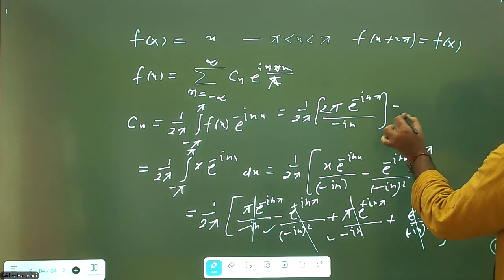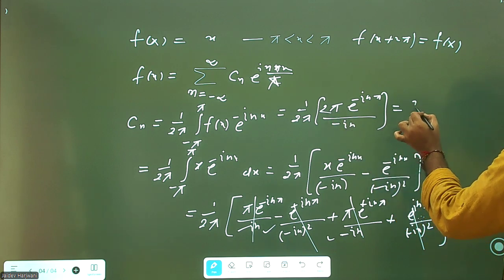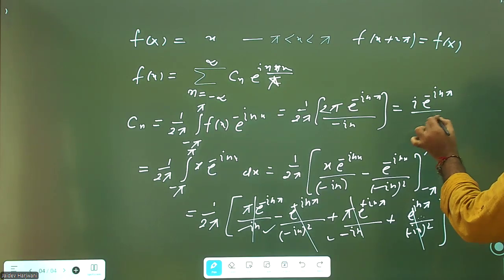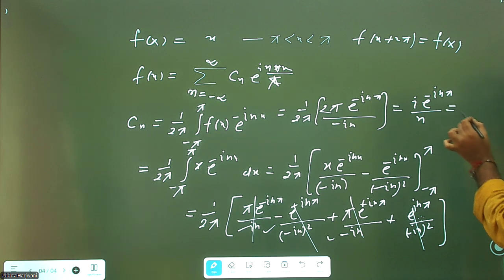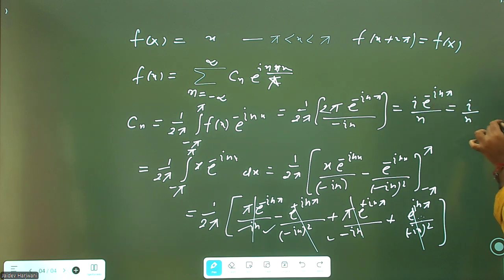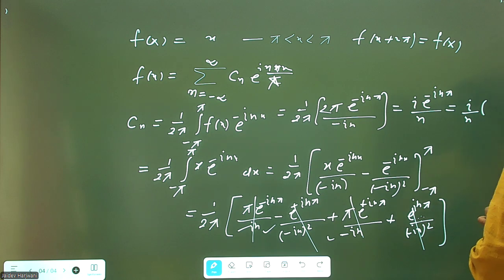And now this can be written as, 2 pi cancels. This is iota square, so this will be iota e to the power minus iota n pi upon n. And this can be represented as iota n, e to the power minus iota n pi is cos n pi minus iota sin n pi, sin n pi is 0, so cos n pi, and cos n pi is minus 1 to the power n.